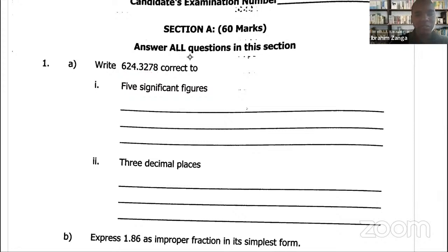So what you're going to do, this is going to be 624.33. Why 33? Because the next number is greater than 5. So we have to add 1, it is going to be 624.33.